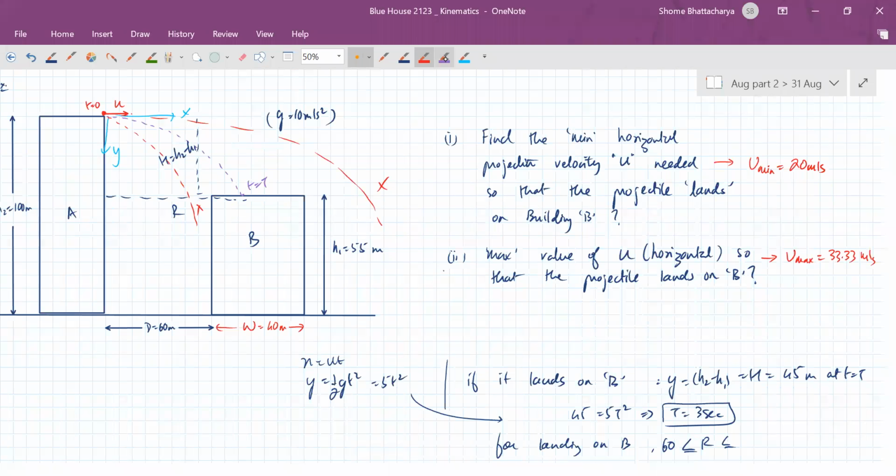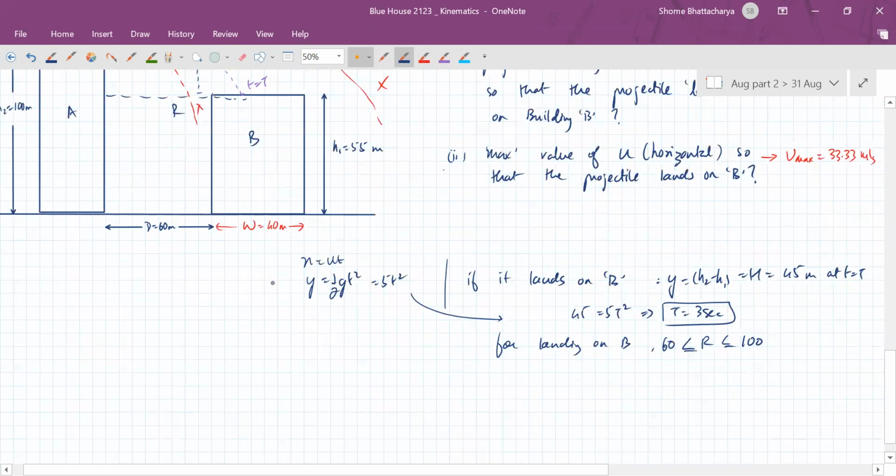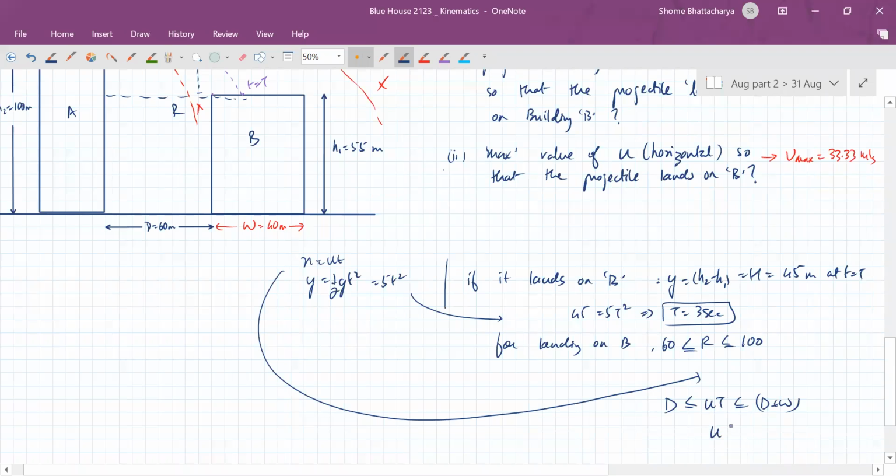So for that kind of situation to occur, we want that at that time capital T, the horizontal displacement should be greater than D but less than D plus W. Okay. So it should be greater than 60 but less than 100. So from this you can see that uT should be greater than equal to D but less than equal to D plus W. So u is unknown, but the time we have calculated from above is 3 seconds.